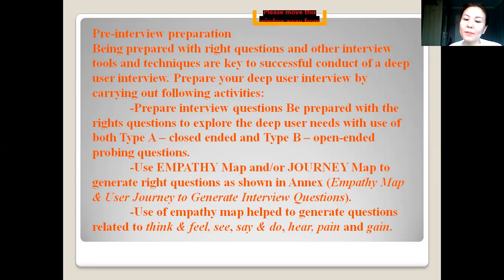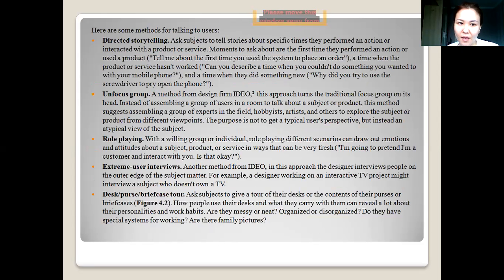Use the empathy map and journey map to generate the right questions, as shown in the annex. The empathy map helps to generate questions related to think, feel, see, say, do, hear, pain, and gain. Here are some methods for talking to users.